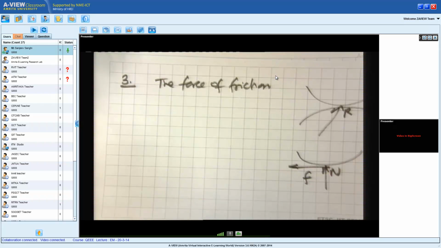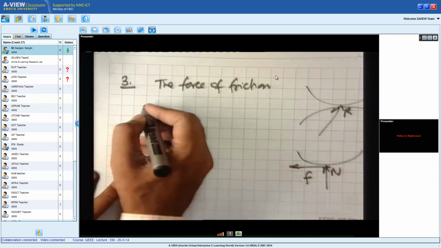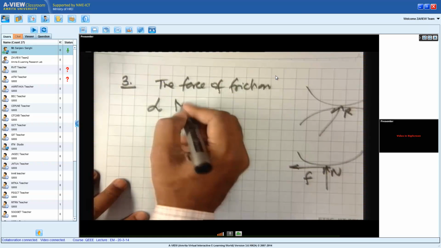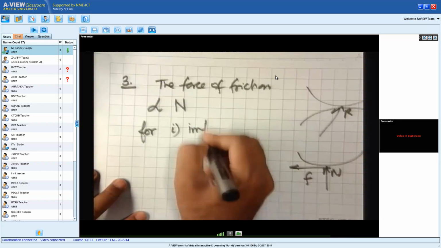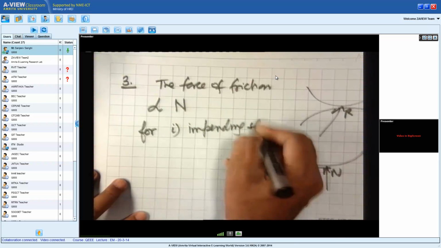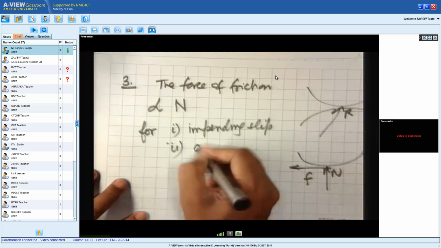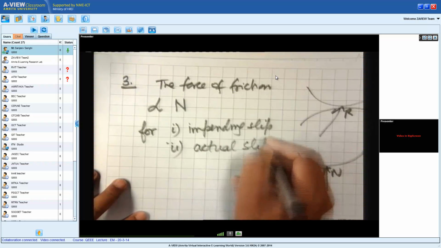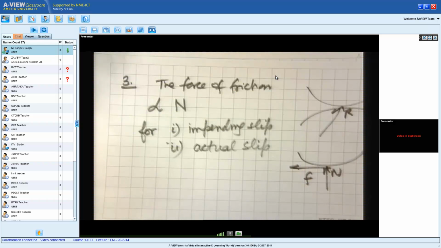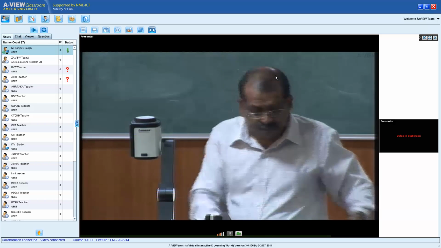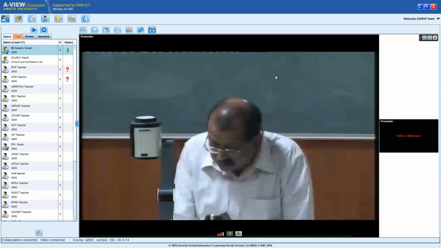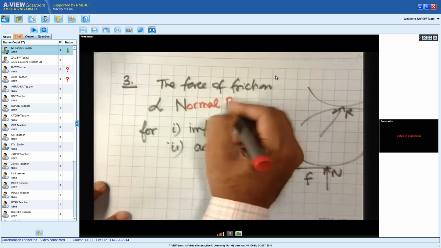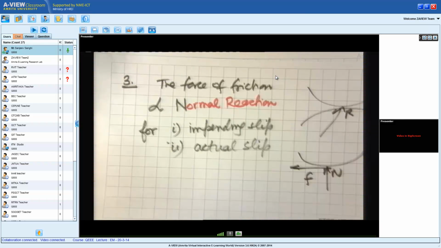So what this law tells us is that the force of friction is proportional to the normal reaction only for two cases: for impending slip or for actual slip. If the body is just about to slip, then the force of friction is proportional to the normal reaction.